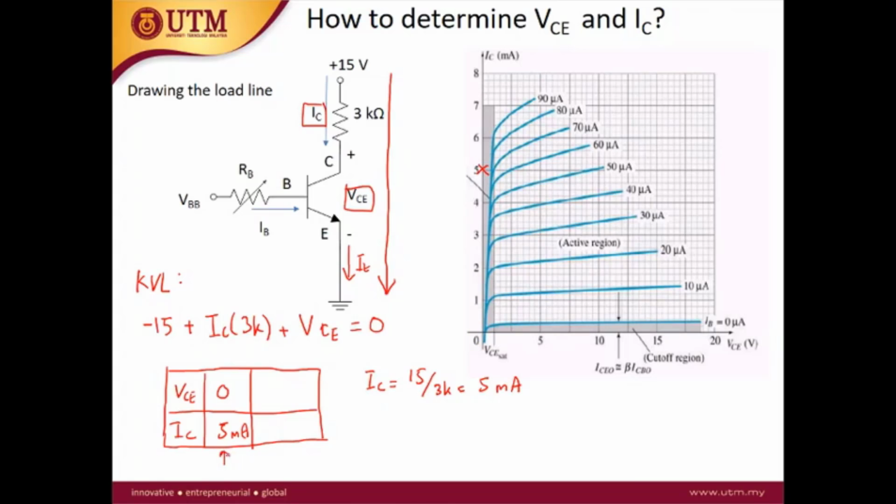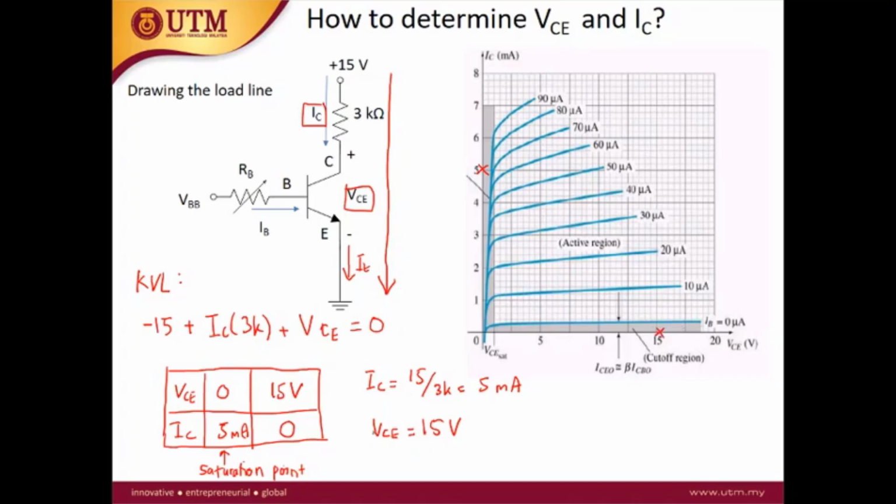This is what we call the saturation point, or the maximum collector current. The next point is when IC is 0. When IC is 0, VCE is equal to 15 volt.